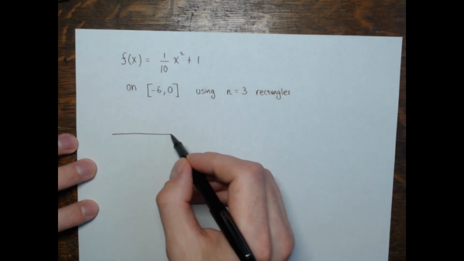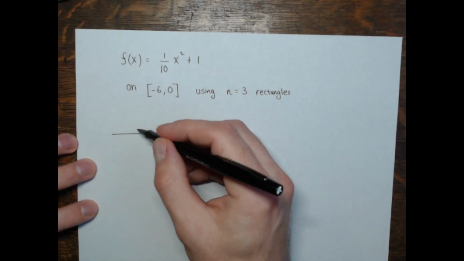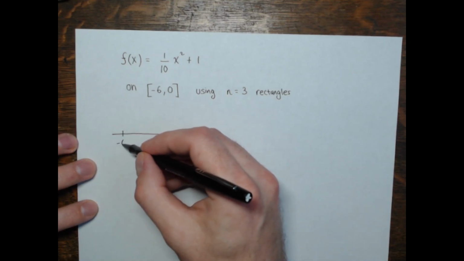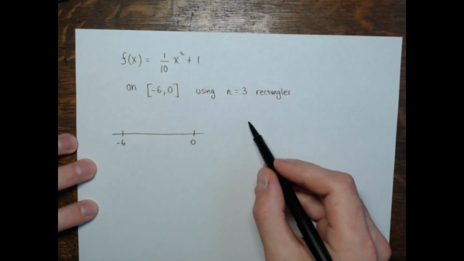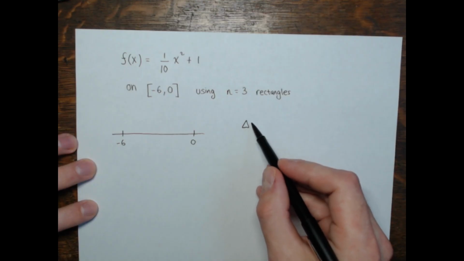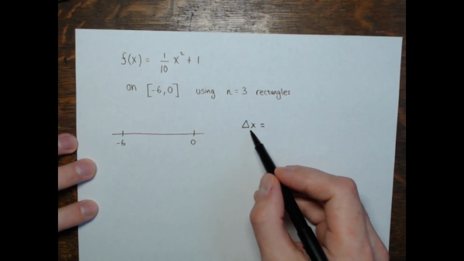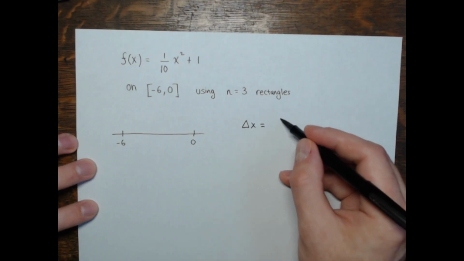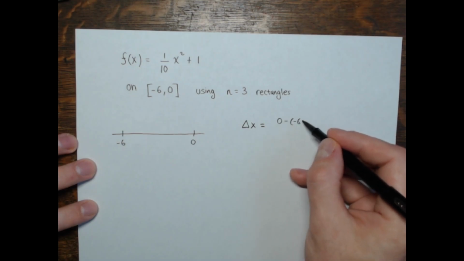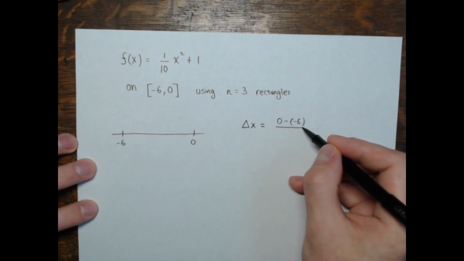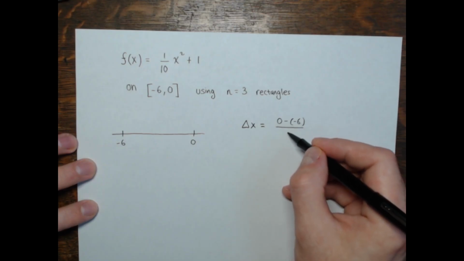So again, you want to think of the interval. I'm not even going to draw the rectangles this time, but if I'm going from -6 to 0, the width of each rectangle, this delta x, would be 0 minus -6, right? It's right end minus left end. That tells you how long the interval is, that's 6.